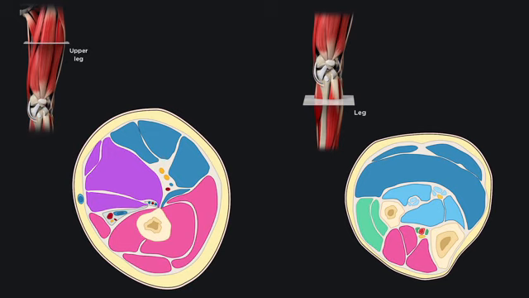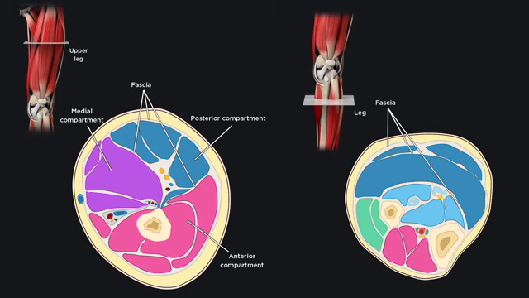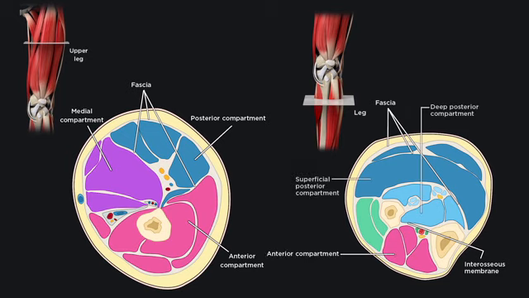Within the limb, the thigh is divided by fascial planes into 3 subdivisions: an anterior, posterior, and medial compartment. Below the knee, the leg region is subdivided by fascia and the interosseous membrane between the tibia and fibula into an anterior, posterior, and lateral compartment.